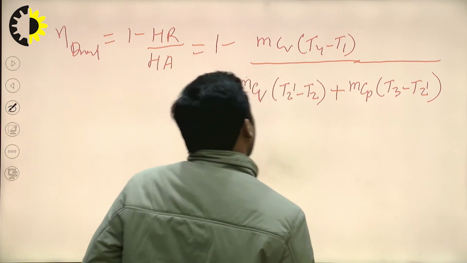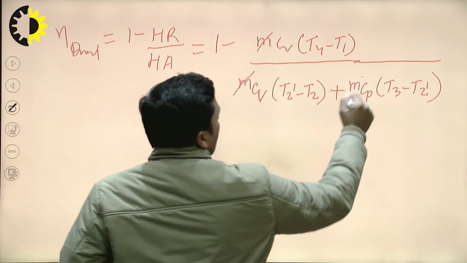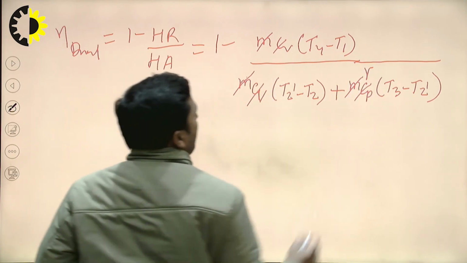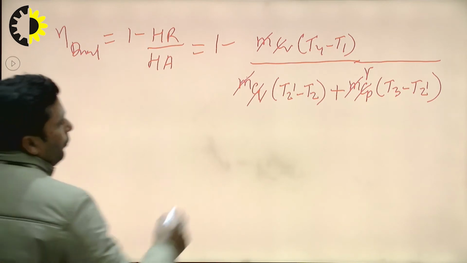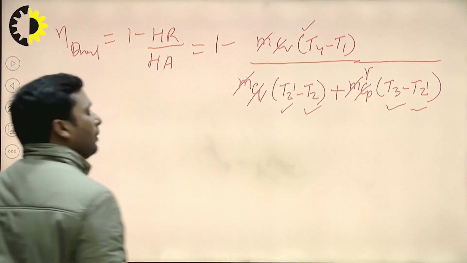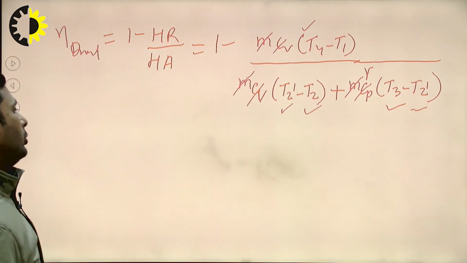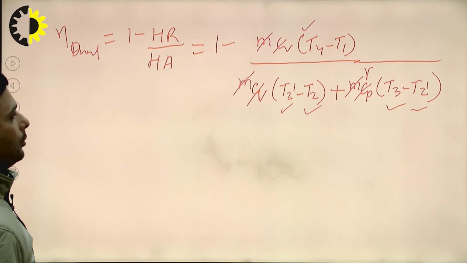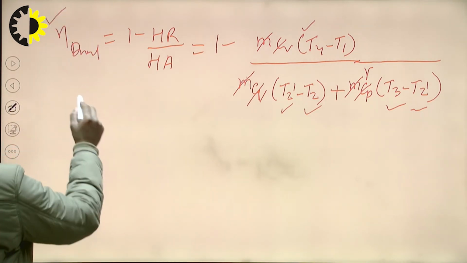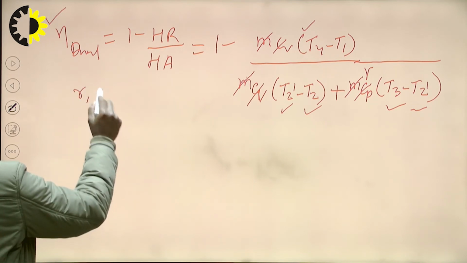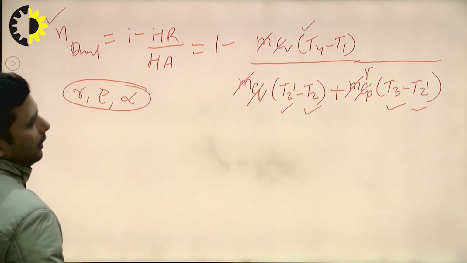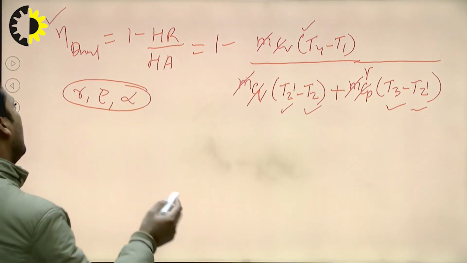The mass in the numerator and denominator will cancel out, and Cp by Cv will equal gamma. If we put the values of T4, T2 dash, T2, and T3 in this expression in terms of r compression ratio, rho cutoff ratio and alpha explosion ratio, the thermal efficiency of the dual cycle will be converted in terms of r, rho and alpha. So our target is to calculate T2, T2 dash, T3 and T4 in terms of r, rho, alpha.